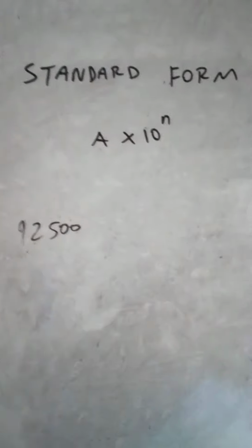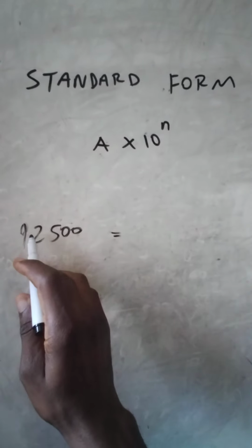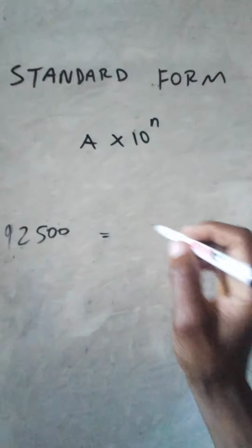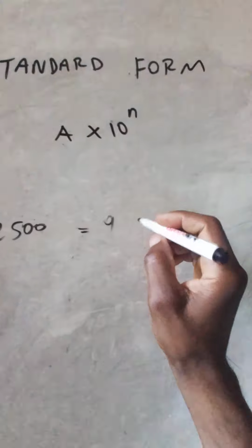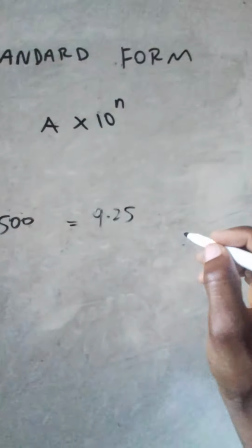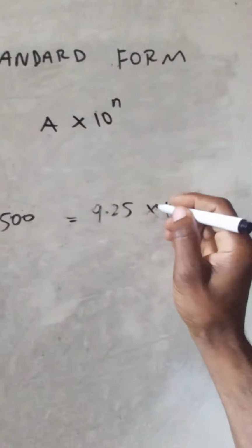Here's another number to be written in standard form. The first step to do is put the point after the first number between 1 and 10, which is 9. So you're going to have 9.25. Then you multiply by 10. That never changed, so you let it stay like that now.